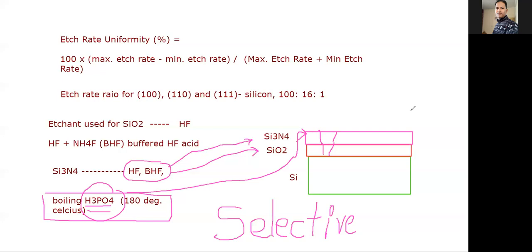Selective etching means our etchant removes only the thin film we want to remove, while the other adjacent thin films are not affected. Such a property of an etchant is called selectivity. In our etching process we need sufficient selectivity. If we want it to be selective, we need it to be as selective as required.